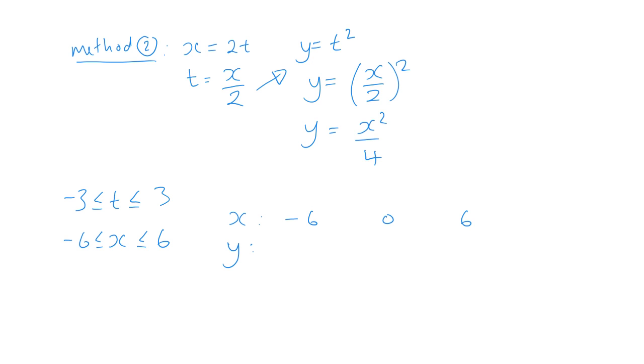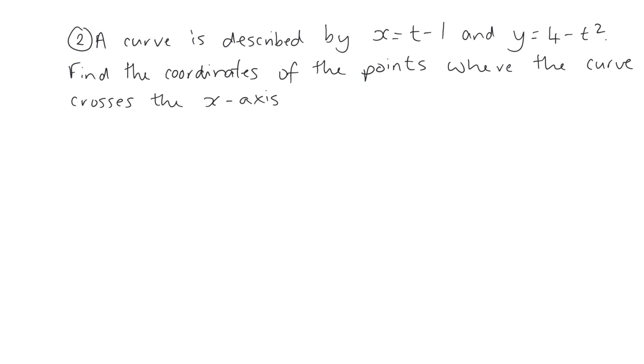So I'm just going to find the endpoints by substituting our x values in here. And then obviously it's the same graph as we drew in the previous method. And that should be a nice smooth curve, obviously, when you draw it.